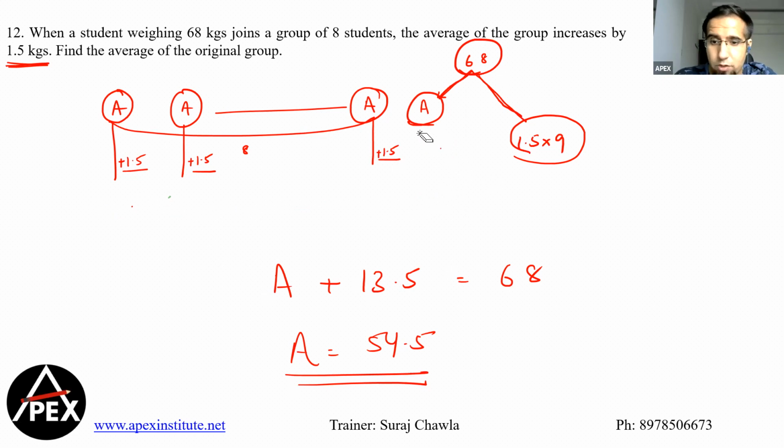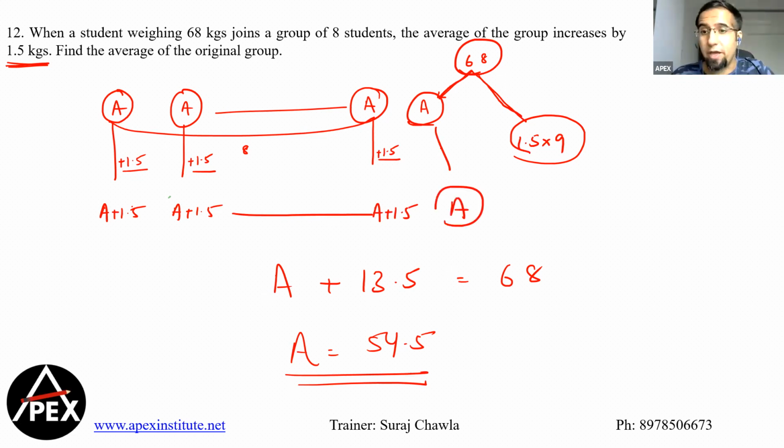If you are not giving to this guy, then what will happen? A plus 1.5, A plus 1.5, there are 8 people. But for this one you are not giving, you are keeping A only. I think the average will not increase by 1.5 then. When I say average is increasing by 1.5, it means including him, it is increasing by 1.5. Now is it clear?